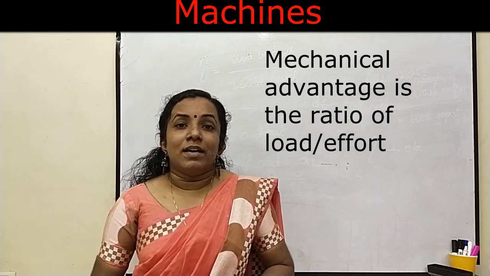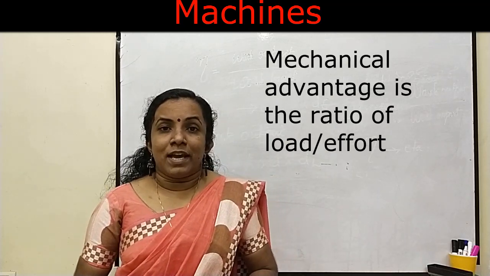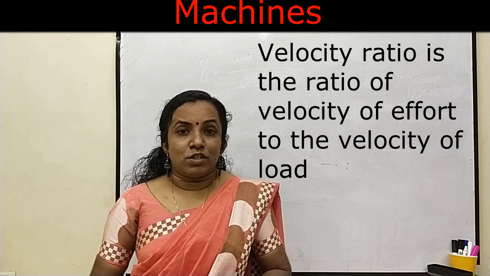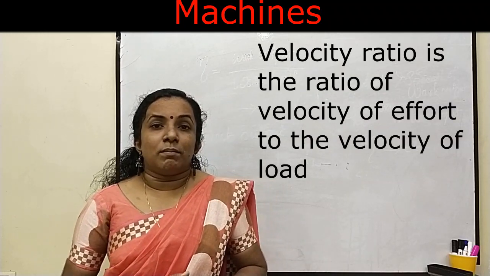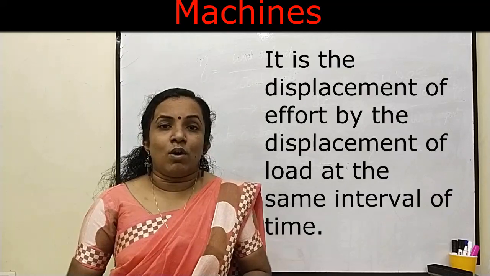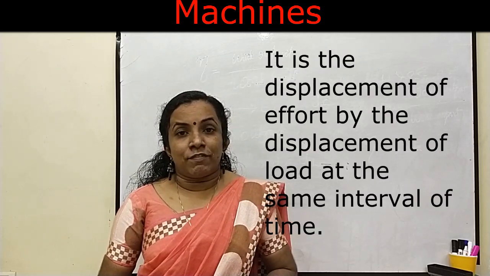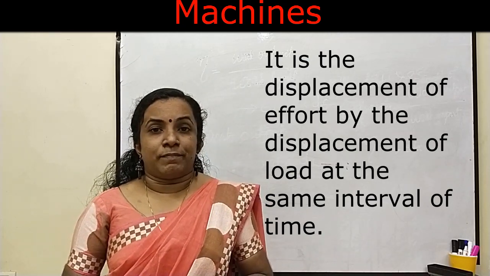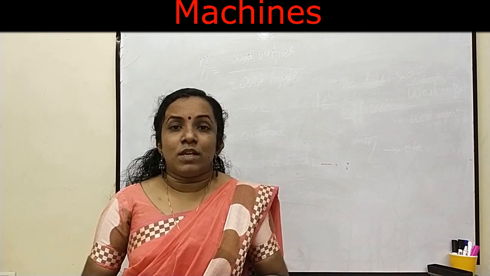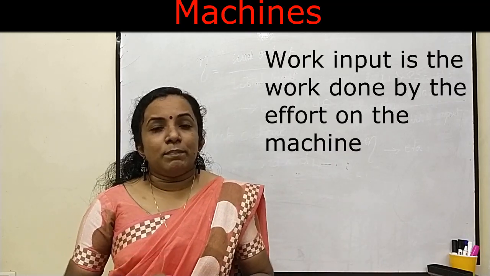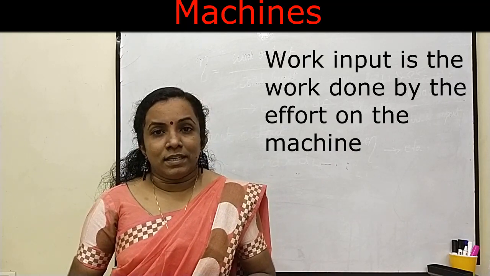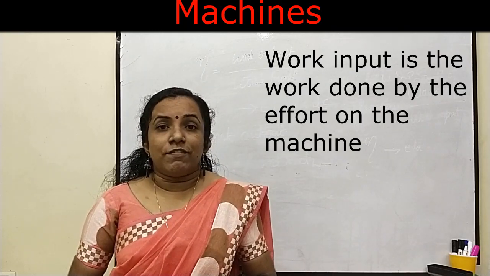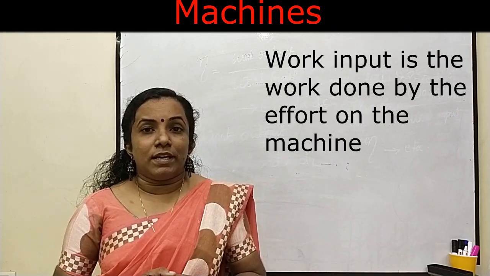Mechanical advantage is the ratio of load by effort, and it has no unit. Velocity ratio is the ratio of velocity of effort by velocity of load, or it is the displacement of effort to the displacement of load at the same interval of time. Velocity ratio also has no unit. Work input is the work done by the effort on the machine, which is equal to effort into displacement traveled by the effort.